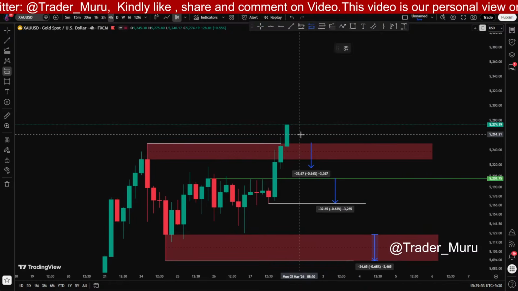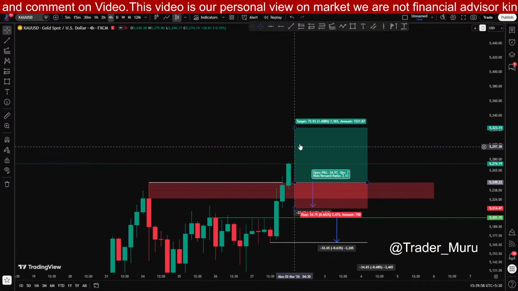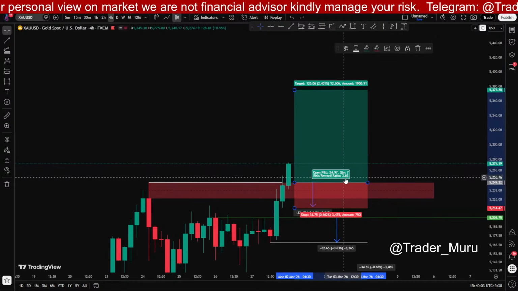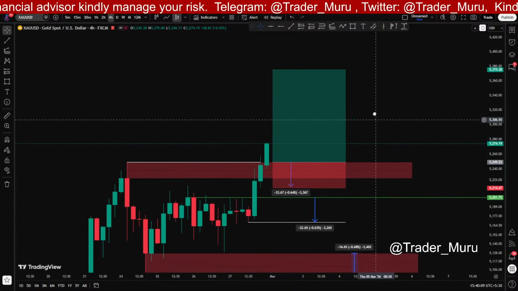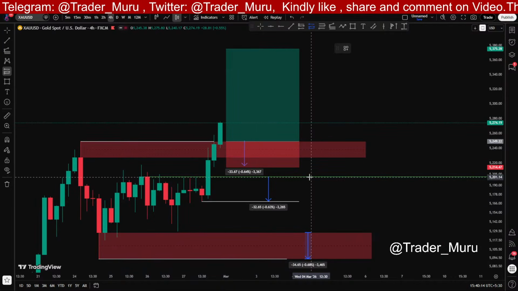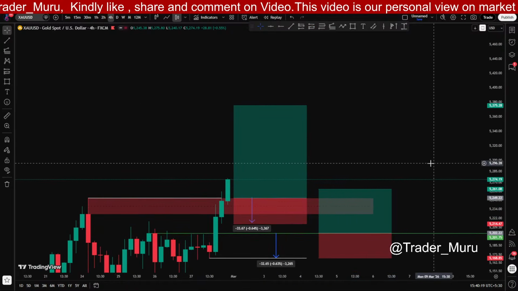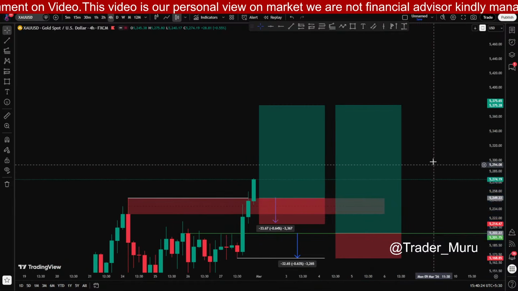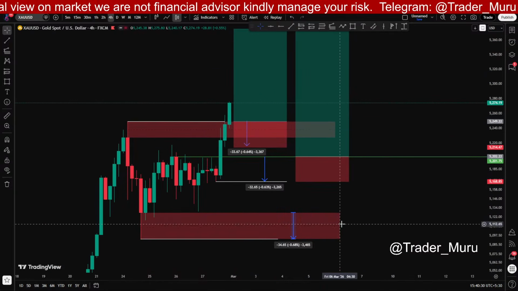If you go long from here with a stop loss below here and your target is 5,375, you will still make 1,260 pips. If this fails, you will pay 33. You go long from here, stop loss below here, you will pay 33 pips in loss and you will gain $170, which is 1,750 pips in profit.